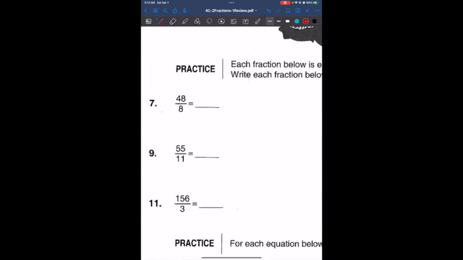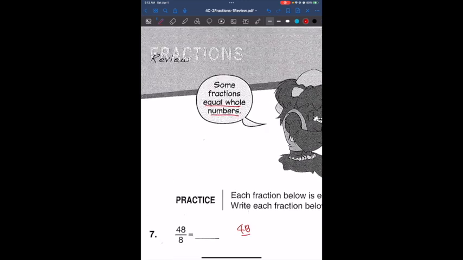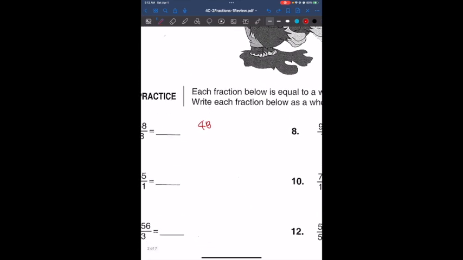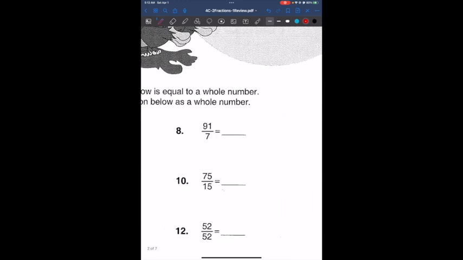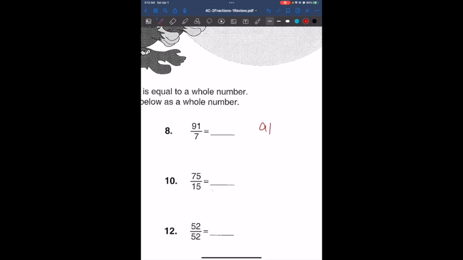Now we're going to write each fraction below as a whole number. And so 48/8 is basically 48 divided by 8. And that would be 6. Now 91 divided by 7 can be written as 13.